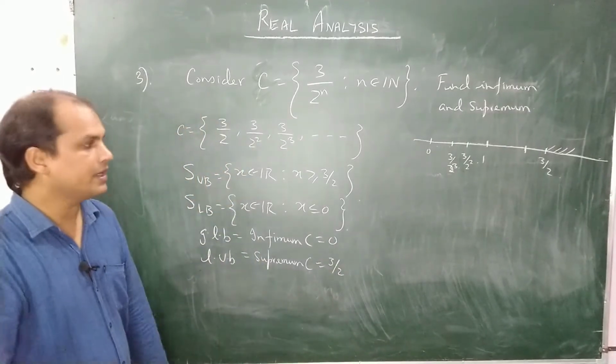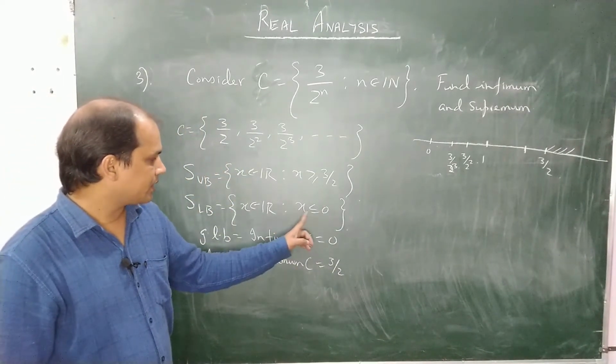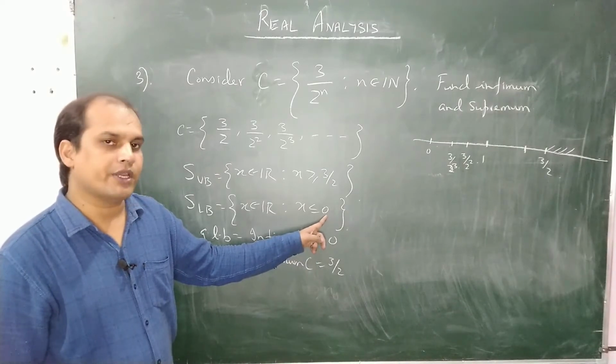Now, how to show that any number greater than 0 will never be its lower bound?